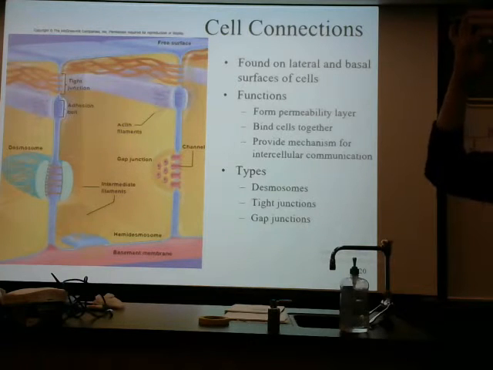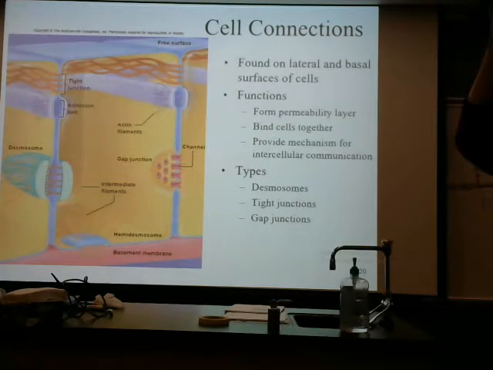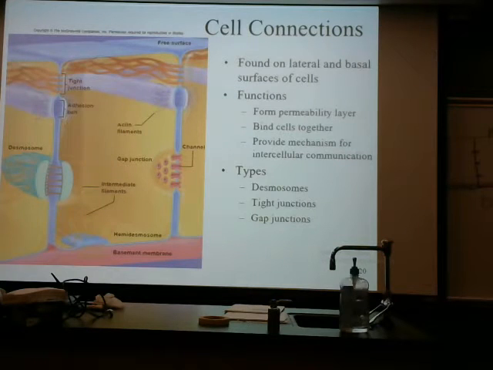So, if this is an artery or a vein, and this is the single layer of cells, that apical surface, the top of it, is pointed to the inside of the tube. So therefore there is nothing to anchor it to. But I could anchor the cells to each other and to my basement membrane. Does that make sense? So my apical, the top, is pointed towards space, lumen, so to speak.